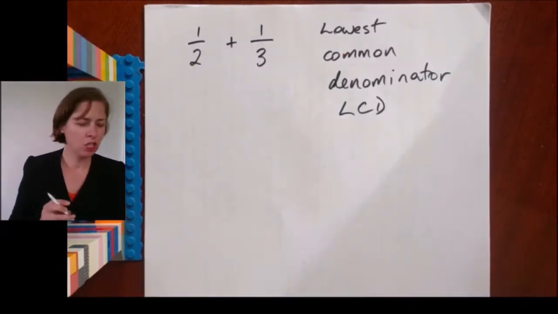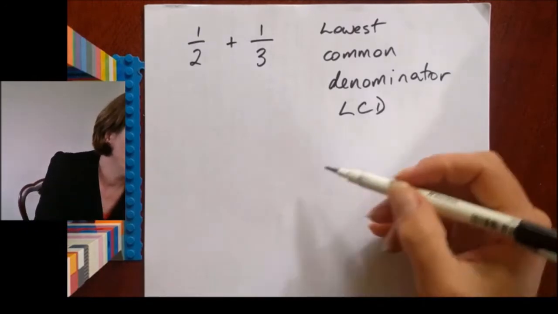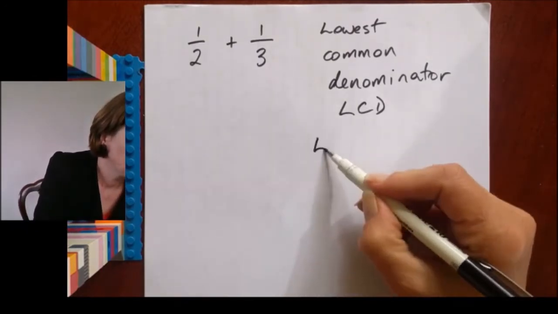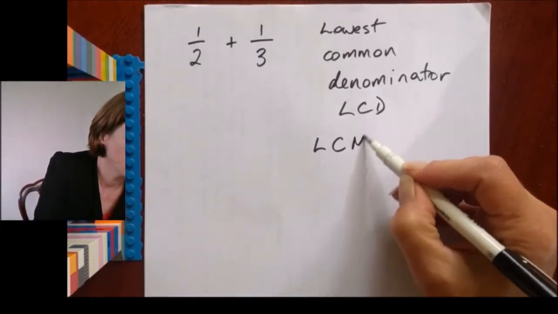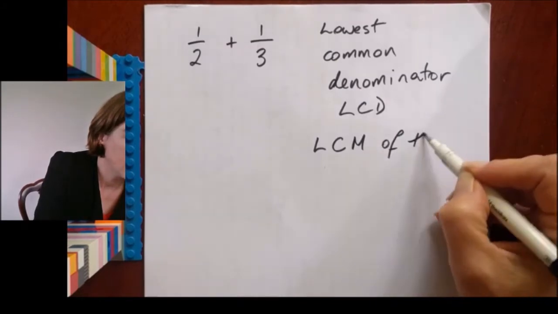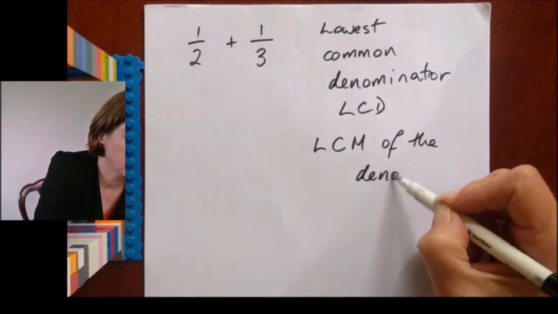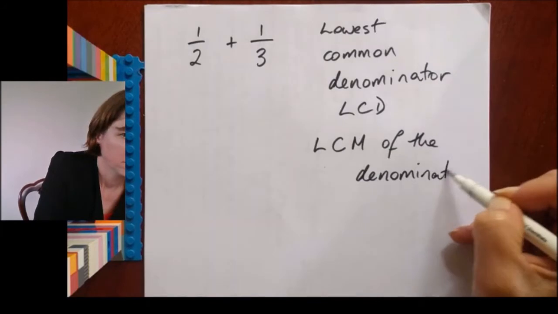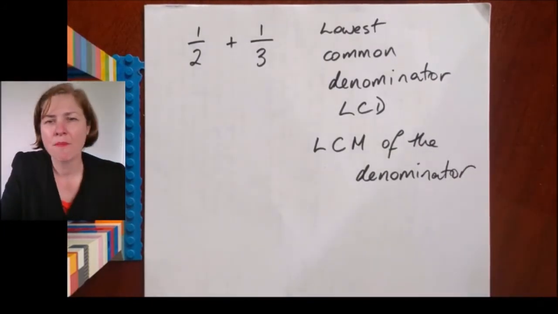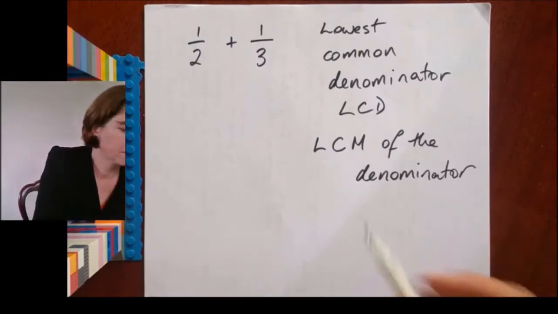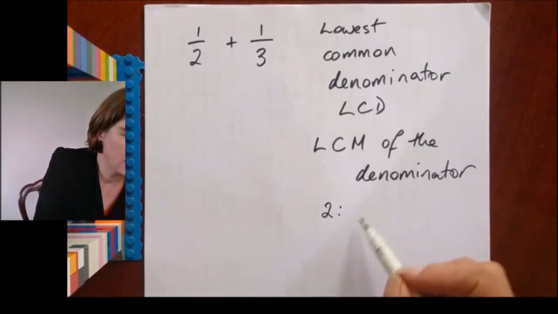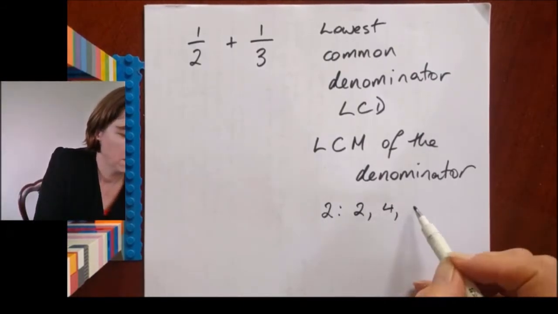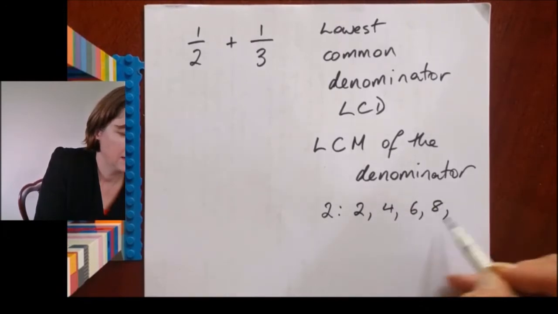And the way we do it is we look for the lowest common multiple of the denominator. The LCM, the lowest common multiple of the denominator. So my multiples of 2 are 2, 4, 6, 8, 10.